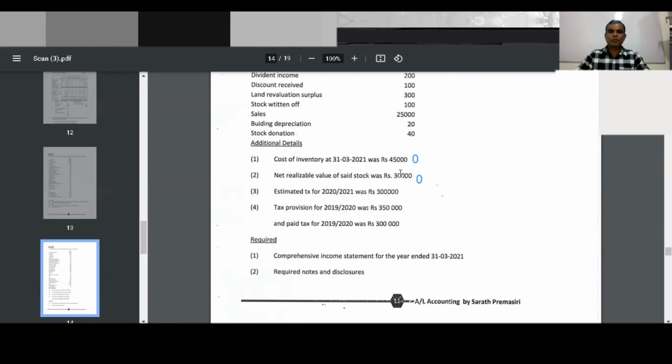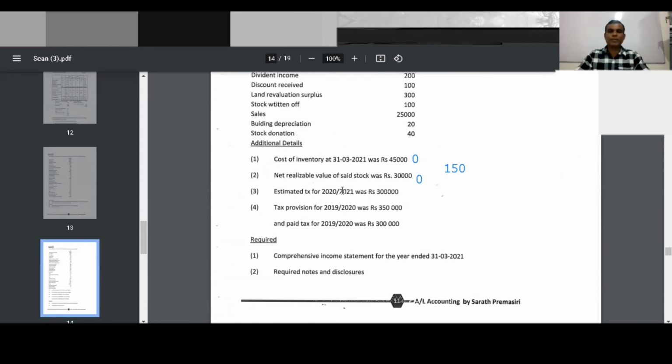And then this 300 should be recorded in the financial position statement. Now the difference between 450 and 300 is 150. That 150 should be recorded as other expense, and it should be recorded under the category of profit before tax.